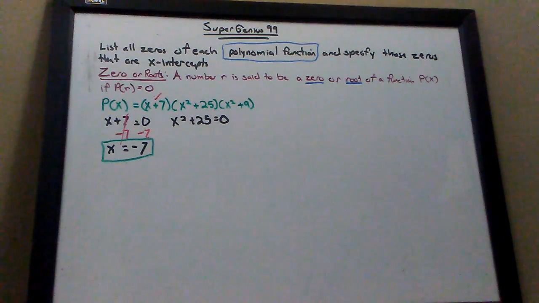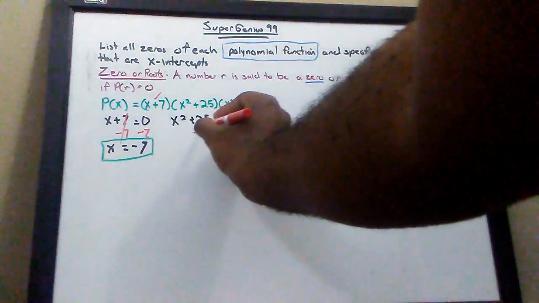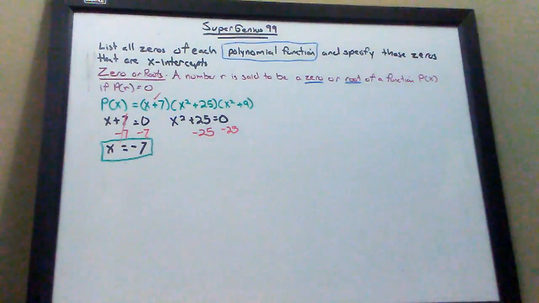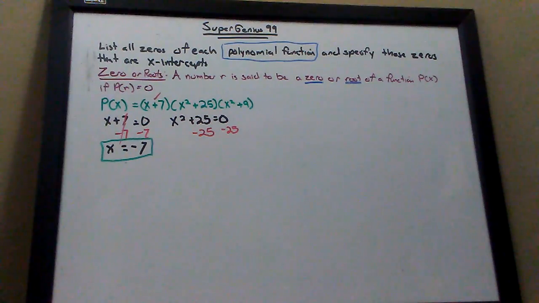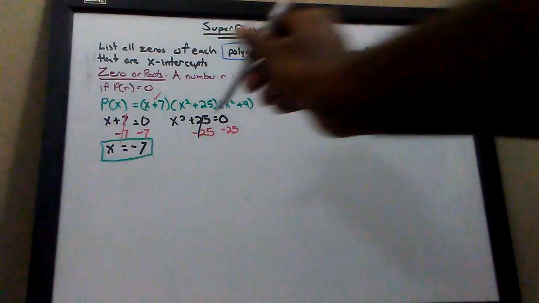Add, subtract, multiply, divide. You're going to subtract. What number are you going to subtract? 25, yes. And then what is 0 minus 25? Okay, so 25 minus 25 goes away. 0 minus 25 is how much?